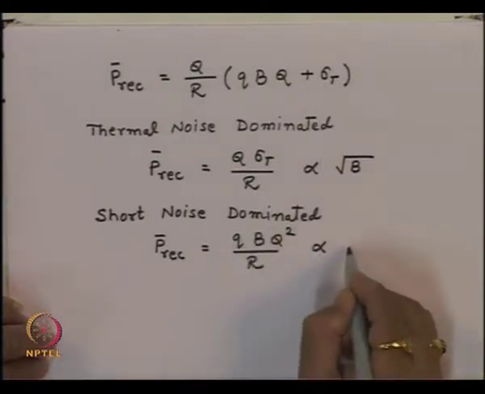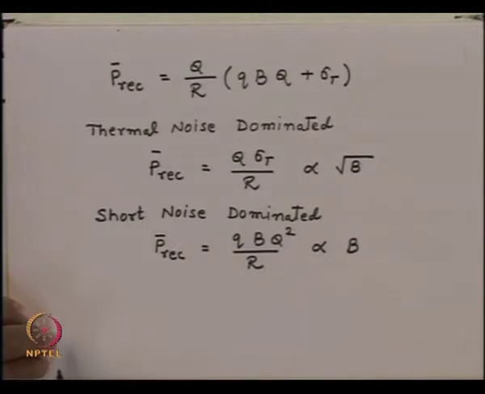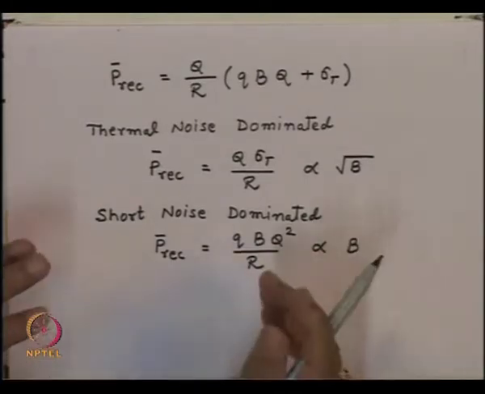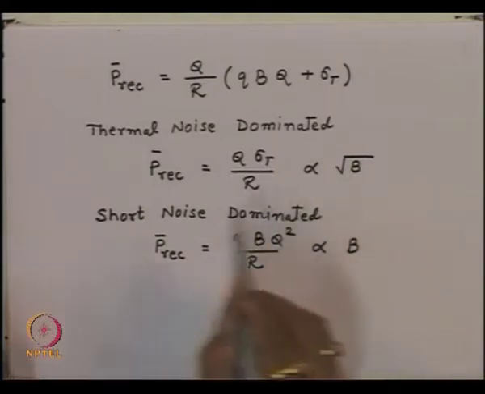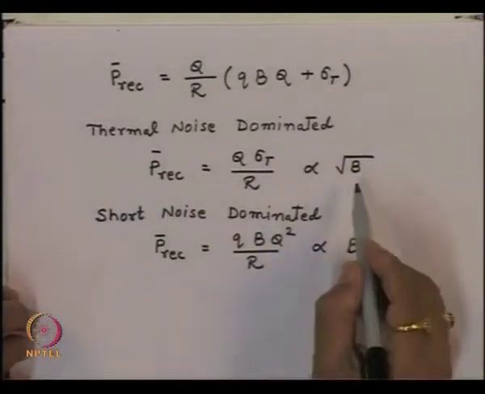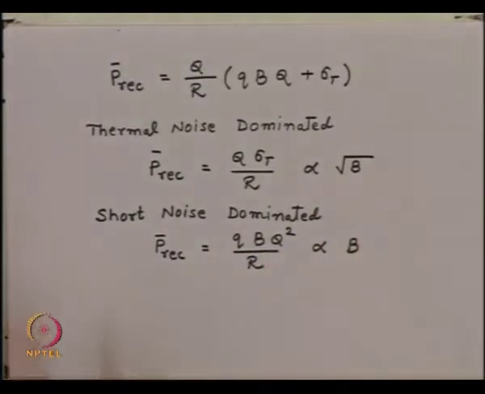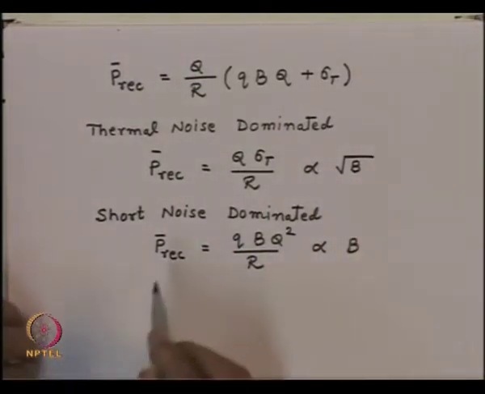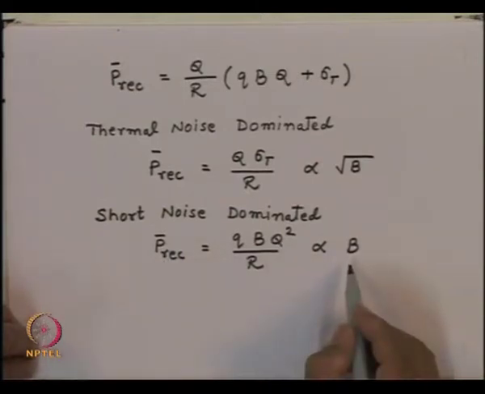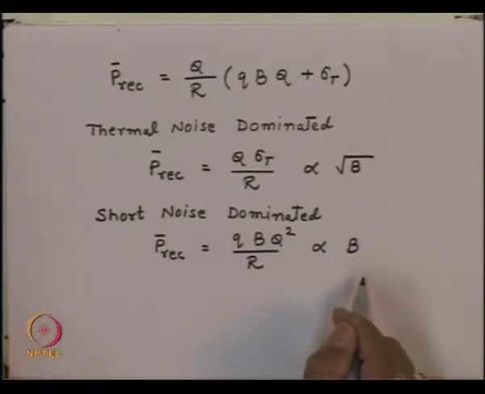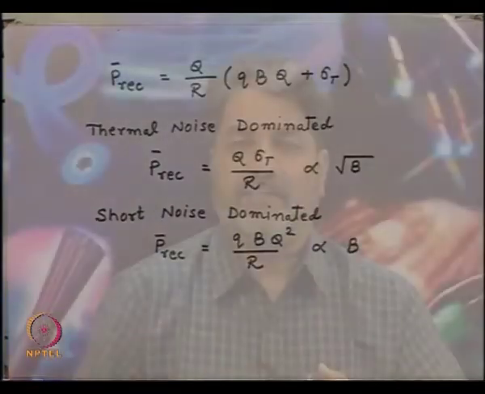So, for the low optical powers, the minimum required power scales as square root of the bandwidth, whereas if the optical power is large, then the minimum required power will scale proportional to the bandwidth. That means, as the bandwidth increases, you have to increase the power in the same proportion to achieve the same bit error rate.